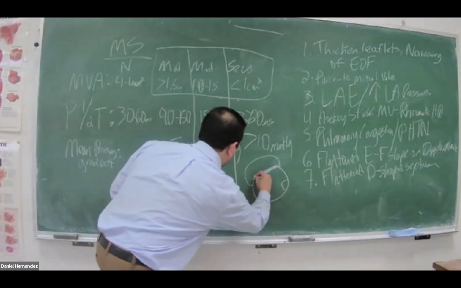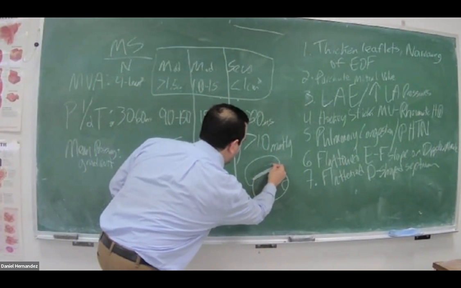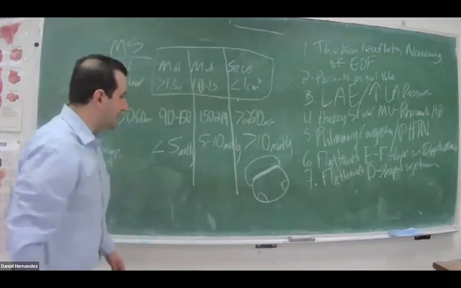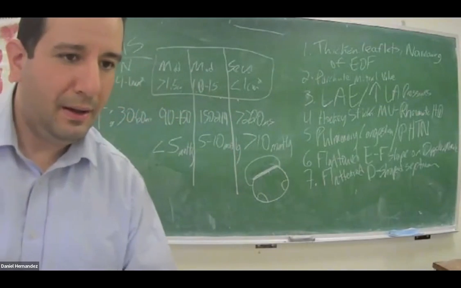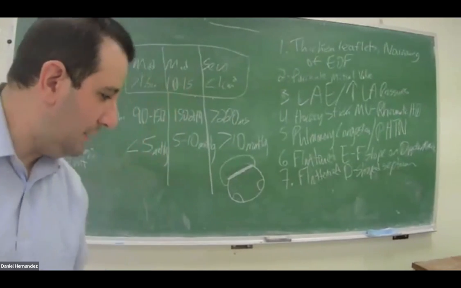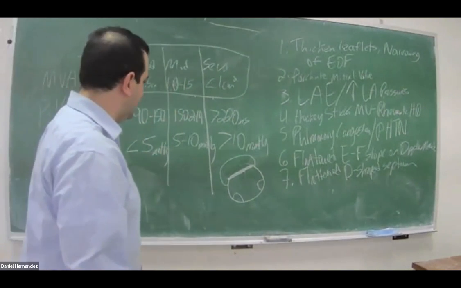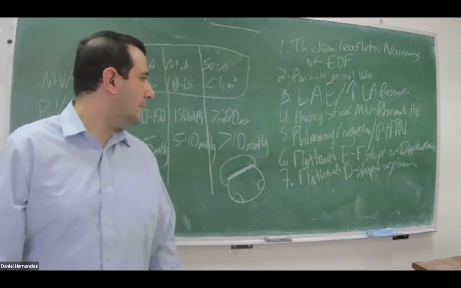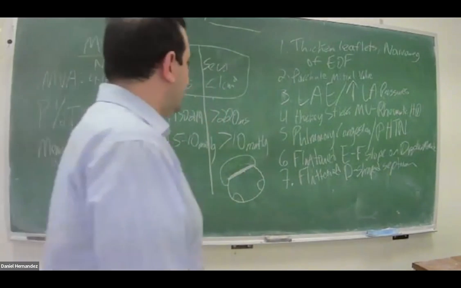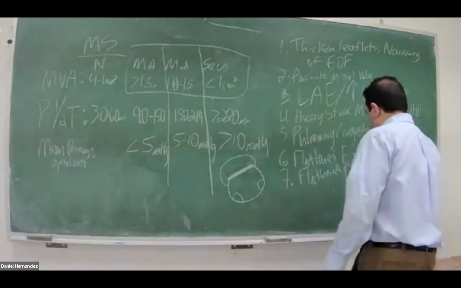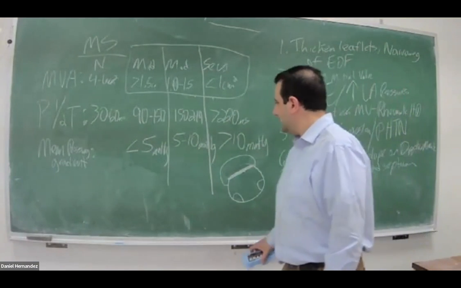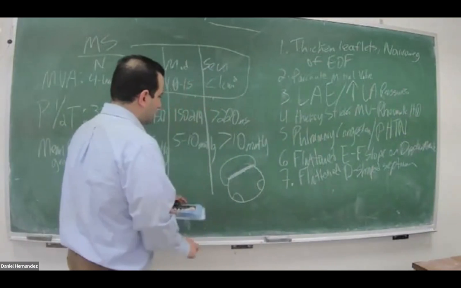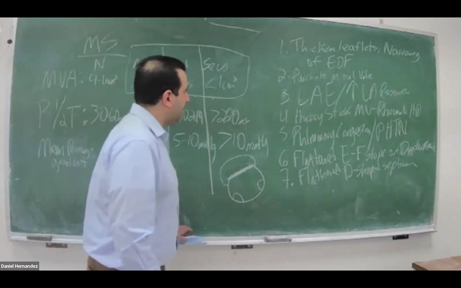Instead of being nice and round, coming around like that, we get a flattening, a D-shaped septum, that we see during systole and diastole. Anything else you can think of?